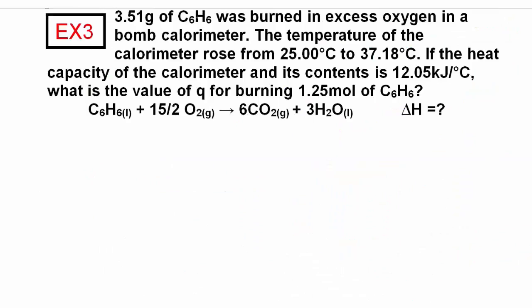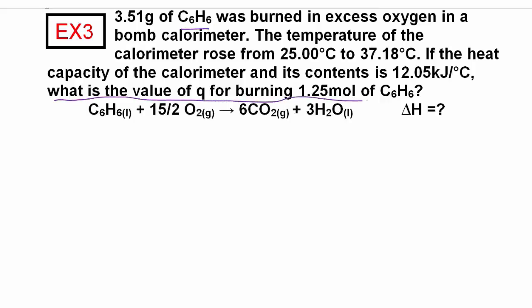3.51 grams of C6H6. Now that's another name for benzene. It was burned in excess oxygen in a bomb calorimeter. The temperature of the calorimeter rose from 25 to 37.18 degrees Celsius. If the heat capacity of the calorimeter and its contents is 12.05 kilojoules per degree Celsius, what is the value of Q for burning 1.25 moles of benzene? Okay, this is our question that we're trying to solve for.